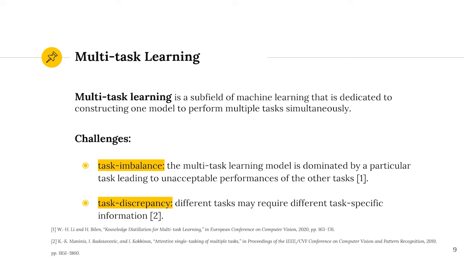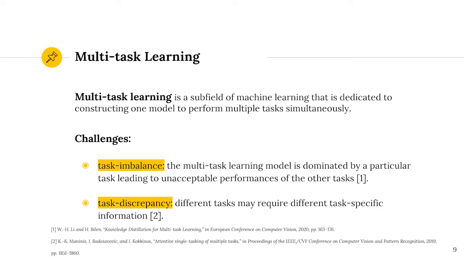Now, multitask learning is a subfield of machine learning that is dedicated to constructing one model to perform multiple tasks simultaneously. There are two challenges. One is the task imbalance issue, and the other is the task discrepancy issue. The task imbalance issue is that the multitask learning model is dominated by a particular task, leading to unacceptable performance of other tasks.